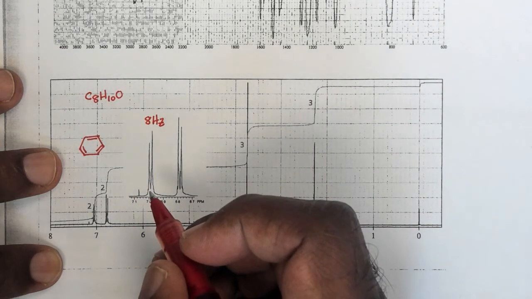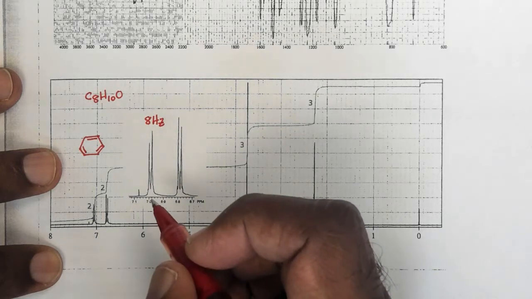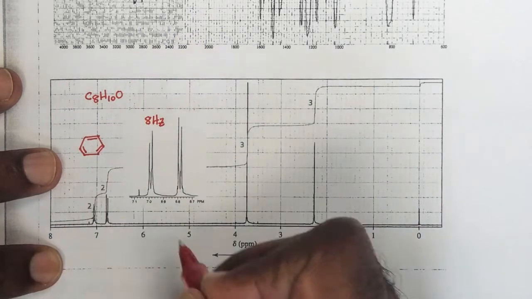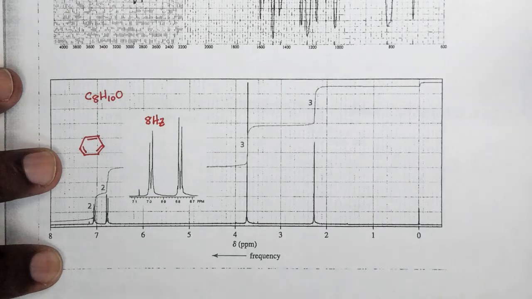So I showed you an earlier example where the coupling constant between ortho protons was 8 Hertz, and that 8 Hertz actually represented two protons being ortho coupled.